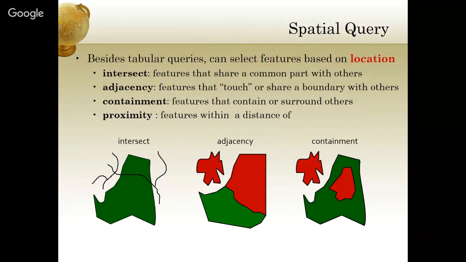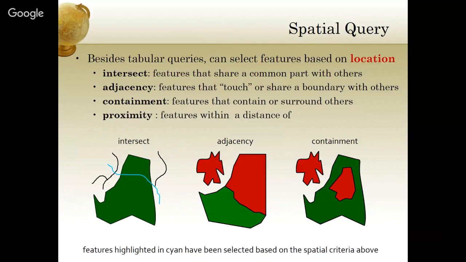So just to see what these sorts of spatial querying relationships look like, intersection, this is where they have a common part. So if I was going to select from my line feature class where it intersected my green polygon, it's going to select this part because there's some overlapping portion with that green polygon. So again, our selected features will show up in that cyan color by default.